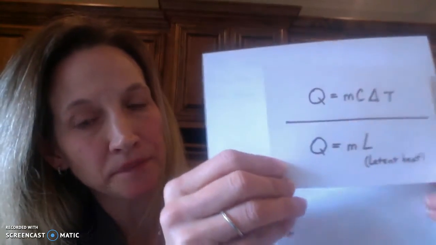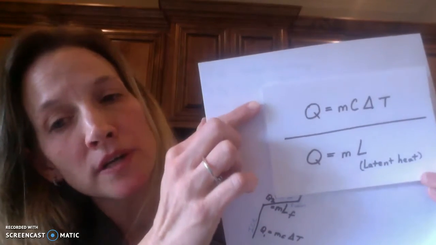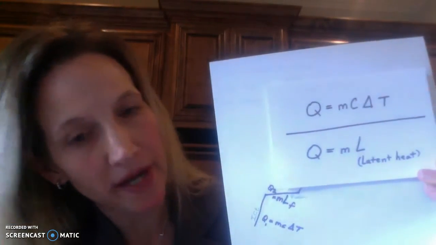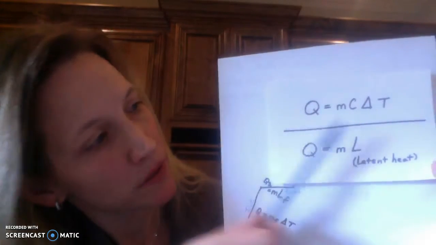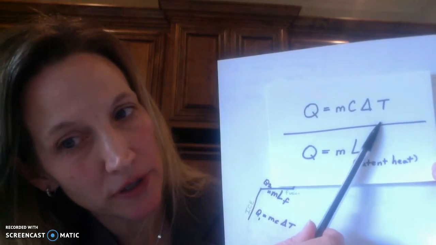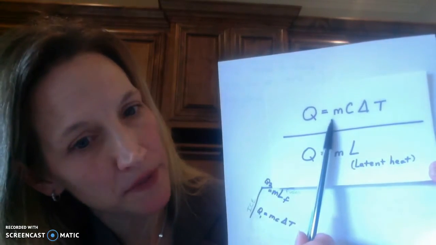So here's the card. If I'm going to have a change in temperature, this is my Q1, Q3, and Q5. This is from my -10 to 0. I'll do a change in temperature with the specific heat of ice, mass of 2 kilograms.